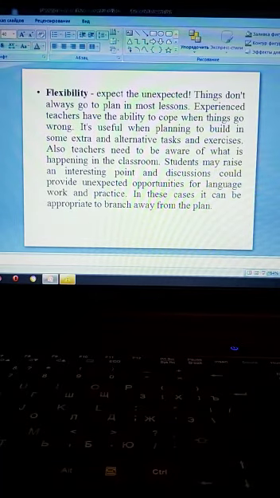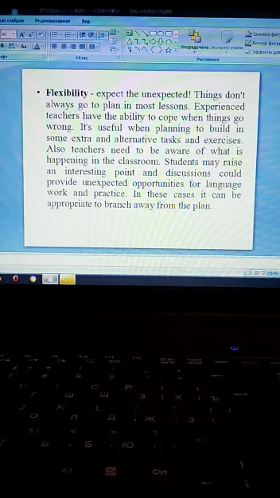And the last one is flexibility. Expect the unexpected. Things don't always go to plan in most lessons. Experienced teachers have the ability to cope when things go wrong. It's useful when planning to build in some extra and alternative tasks and exercises.